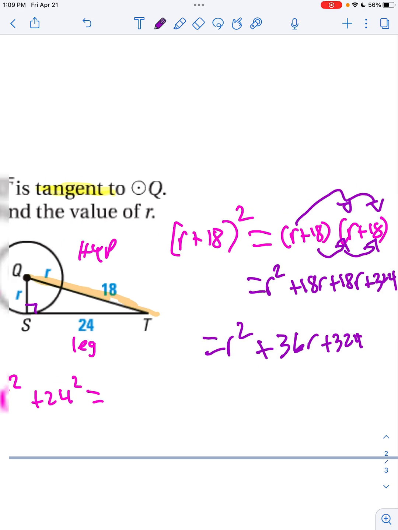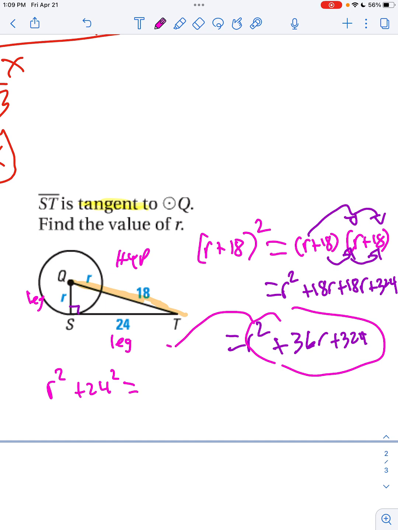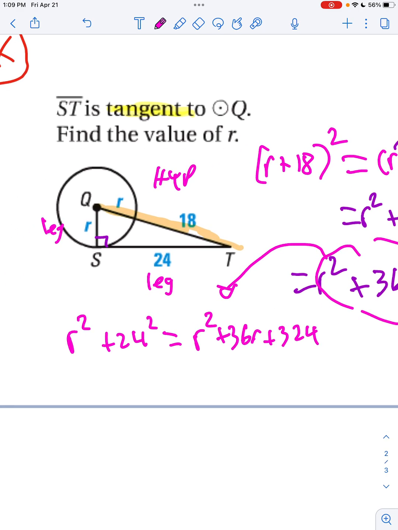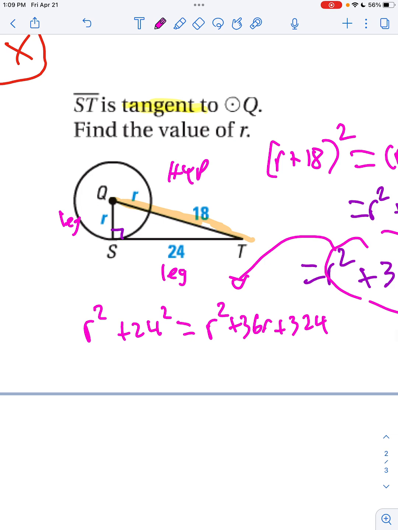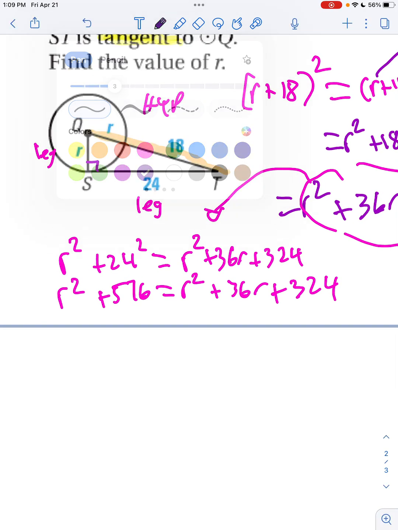All right. And so we're going to plug that in over here. What we just solved, plug this in right here, and this is going to equal r squared plus 36r plus 324. 24 squared is 576. So r squared plus 576 equals r squared plus 36r plus 324. Switch colors so we can see.